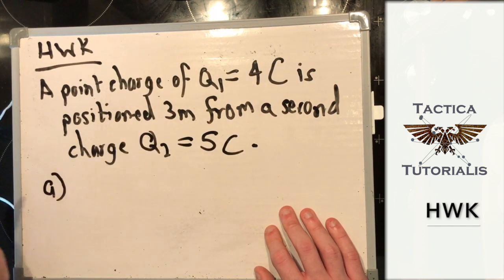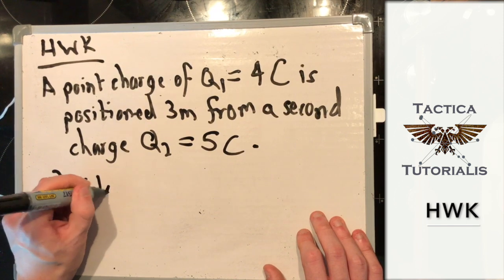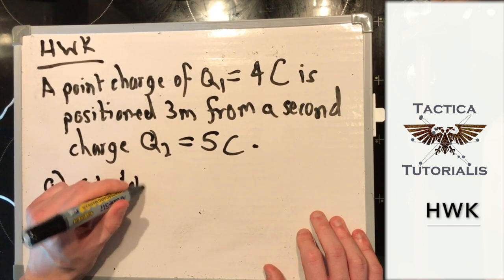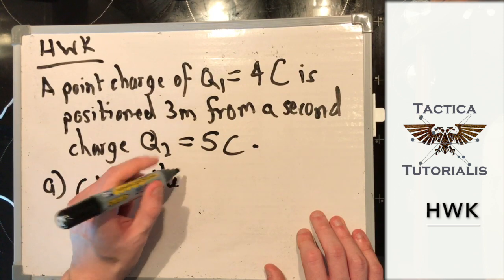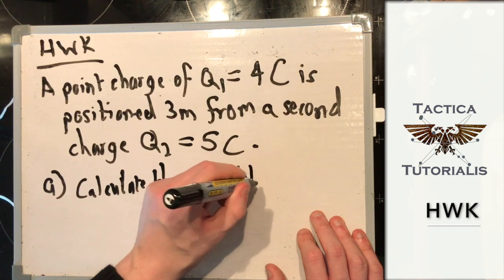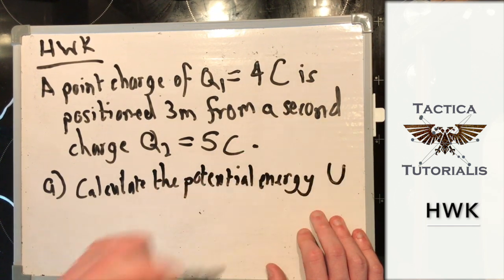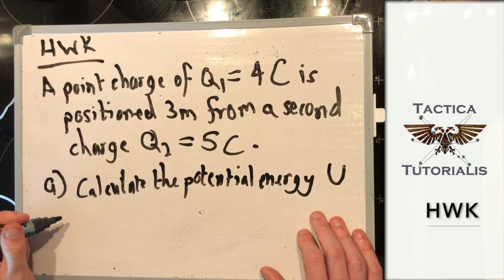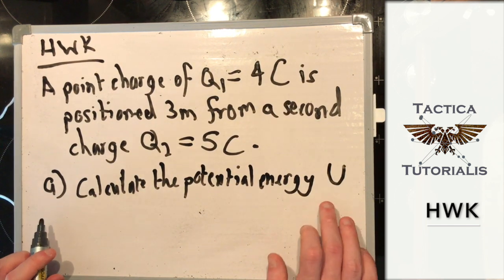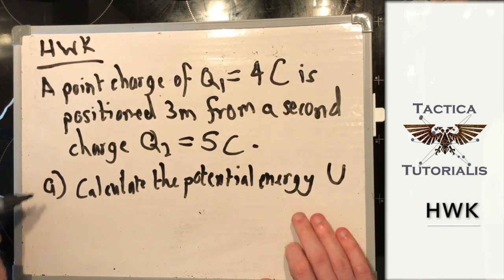The first part is going to be calculate the potential energy U. Now it's going to be quite a small number, so don't worry if you get a really tiny number, or maybe a really big number, quite possibly.